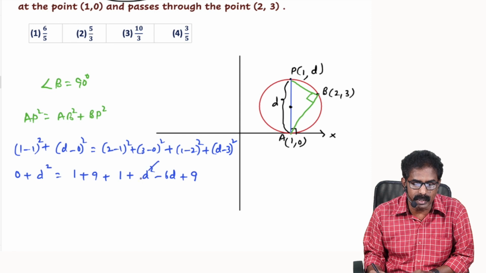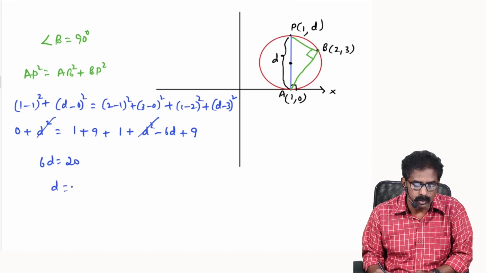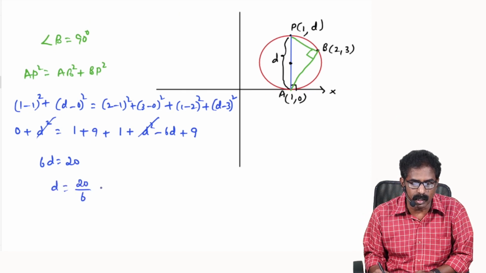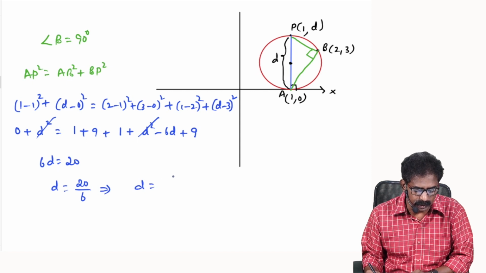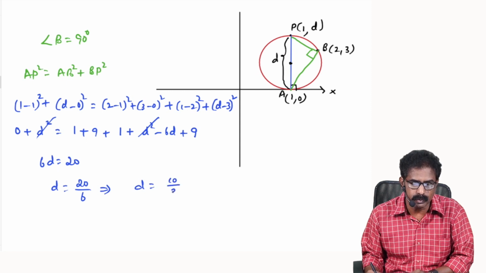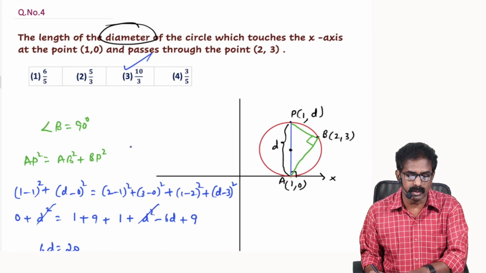So both the sides we cancel d square. Minus 6d, bring it to the left side. So 6d is equal to 9 plus 1, 10, 11, again 20, right? 9. So d equal to 20 by 6 or cancel by 2 table, d equal to 10 by 3. So d equal to 10 by 3. So that's the answer, option number 3.